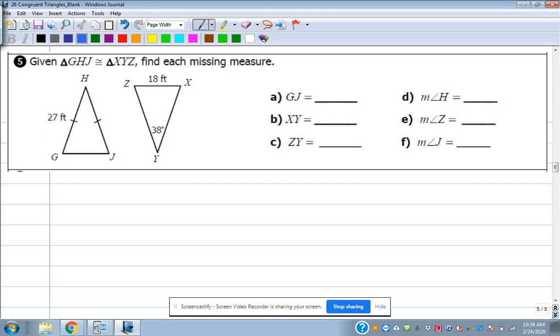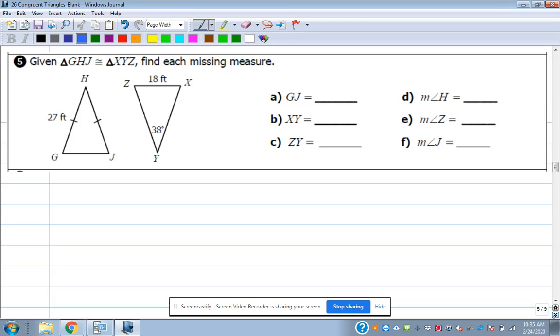Oh, this is nice. It's a pretty picture here. So we got triangle GHJ is congruent to triangle XYZ. Got some measurements in there and a little bit of notation on that triangle GHJ. What does that notation tell us about that triangle? It's isosceles because it's got two congruent sides.